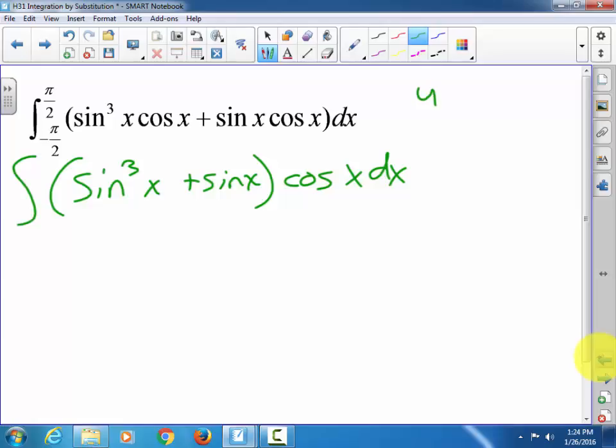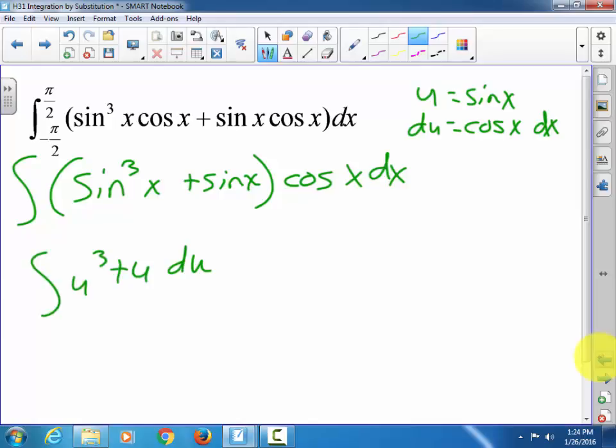That's right. So if u is sine x, du is cosine x dx, and now I've got it in there, so I can make this into u cubed plus u du. And you're going to wind up at the same place you did, Chase, I'm pretty sure.